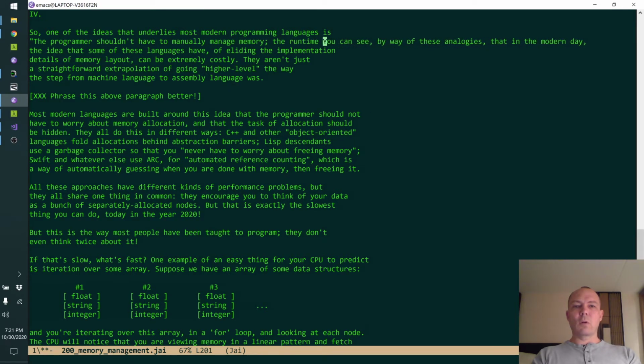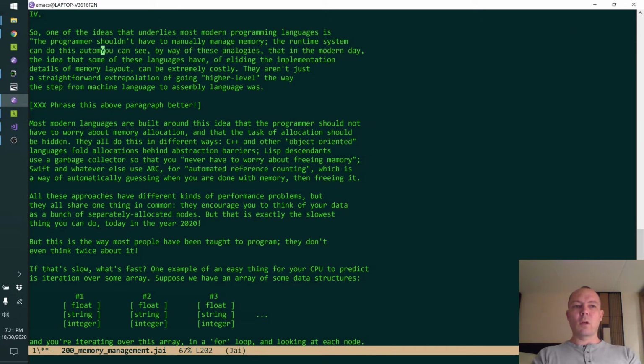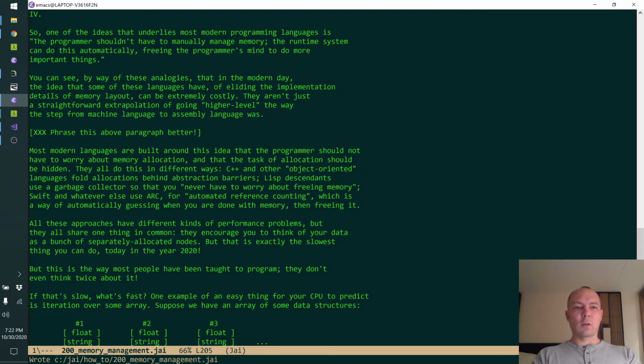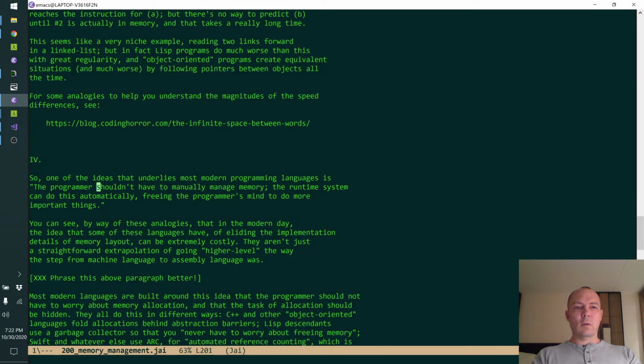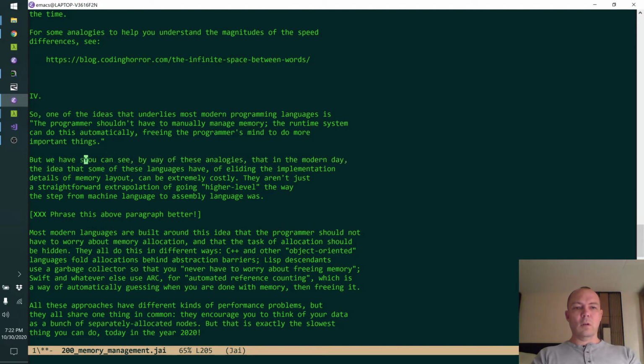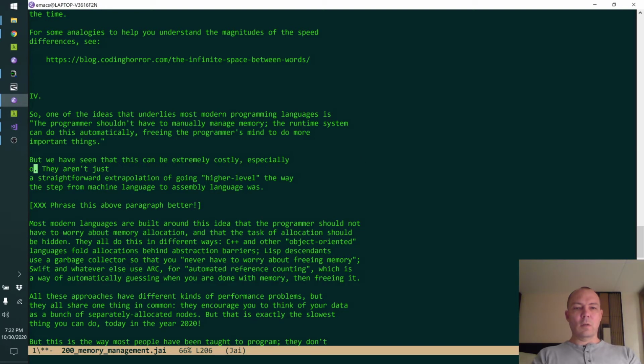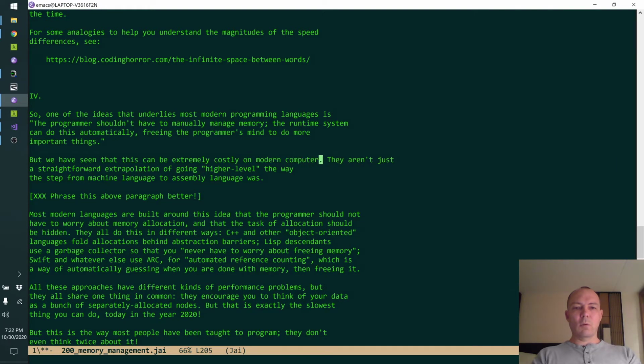The runtime system can do this automatically, freeing the programmer's mind to do more important things. We have seen that this can be extremely costly, especially extremely costly on modern computers.